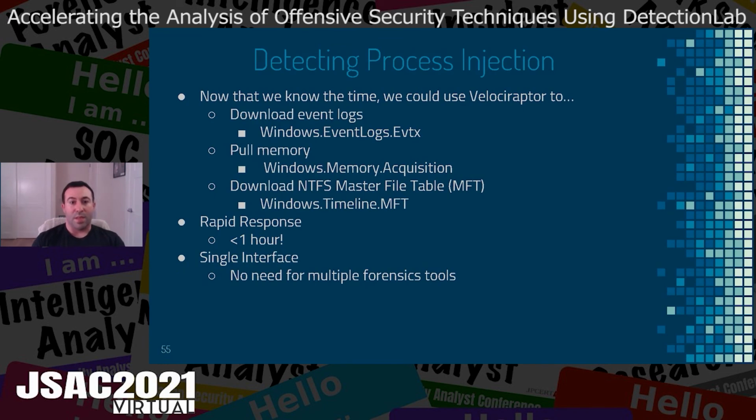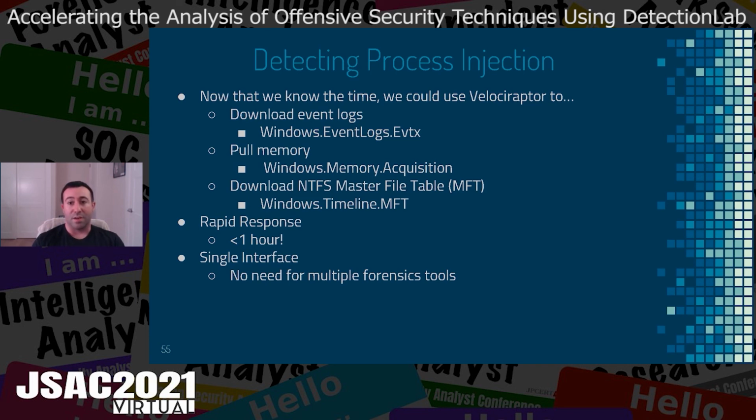Knowing the time that the thread was executed helps us develop a time frame for the incident and set parameters around other artifact collections. To continue this investigation, we could use Velociraptor to download event logs and search through data near that time frame to look for unusual activity. We could download an entire memory image to see what exactly was injected into the process.